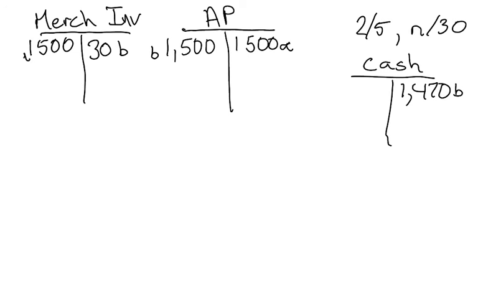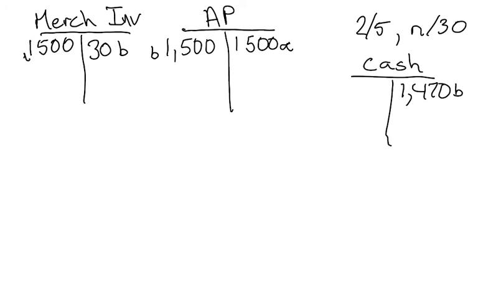The next one says that on November 7th, Chilton Systems discovers and returns $200 of defective merchandise purchased November 1st for a cash refund. Now, remember, we're still on perpetual inventory systems. So therefore, when we return that $196 of defective inventory, we need to debit the cash, credit the merchandise inventory.